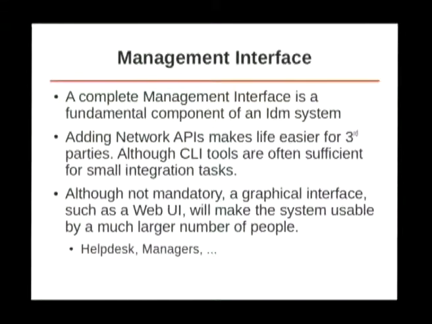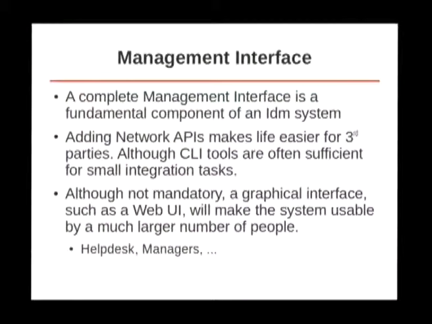So if you think about building a management system, I recommend thinking about things like network APIs. You want to make life easier for admins to actually be able to use this system, and for them, using this system also means being able to pilot the system from their own tools, for their own reasons. We have had a lot of people come to us and ask, how can I create users from this other machine that HR uses and that contains all the users HR knows about?